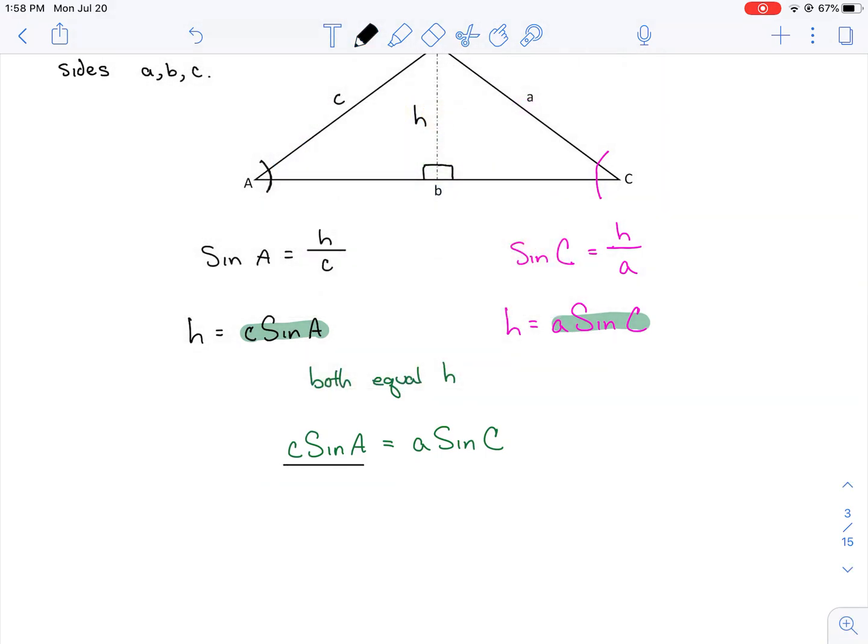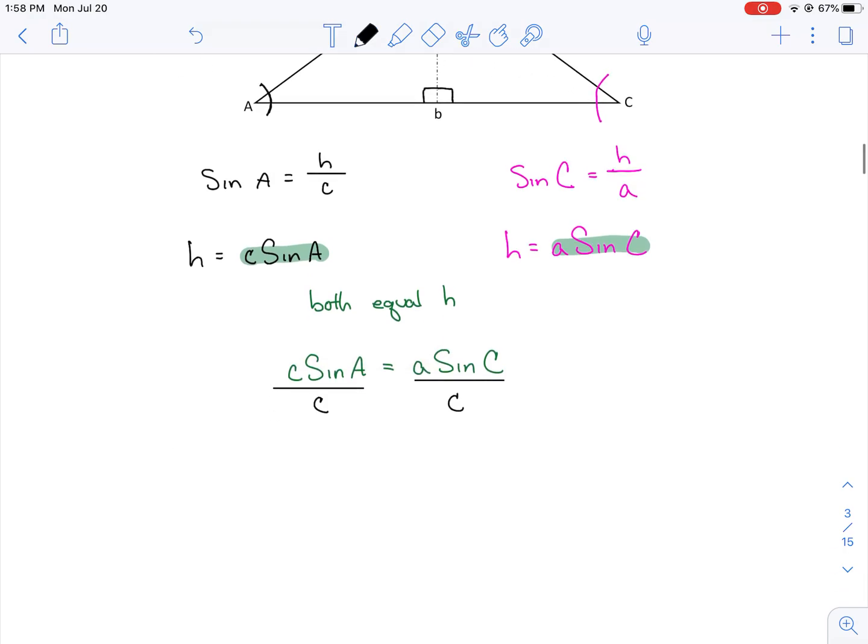Next, I'm going to divide both sides by c. So sine of A is equal to a sine of C divided by c.